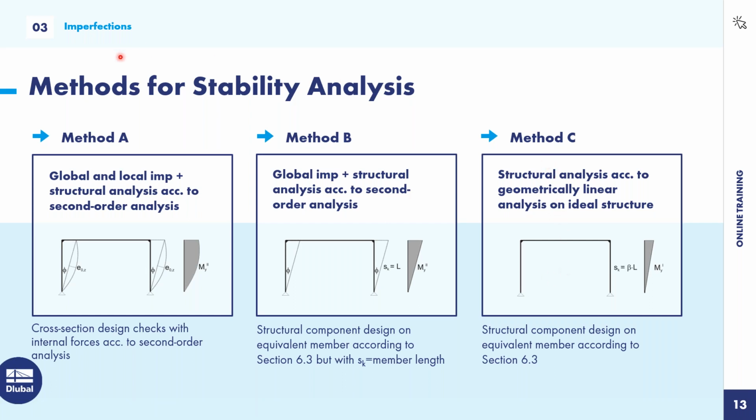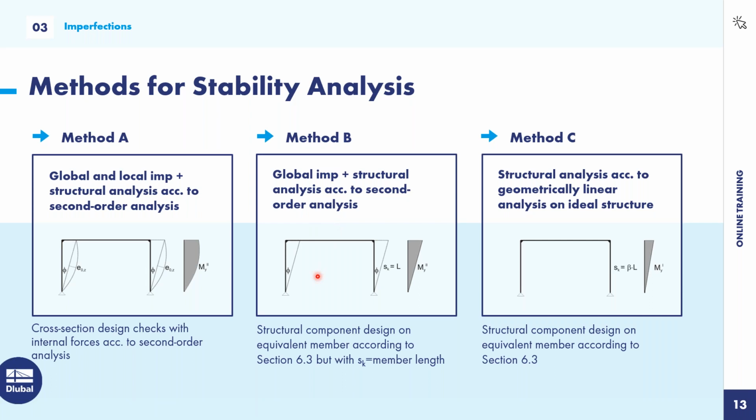And the combination of method C and method A is method B. Here we consider these misalignments with the application of global imperfections and calculate the structure according to second order analysis. So when I perform the stability analysis, we do this with the help of the results of the second order analysis.